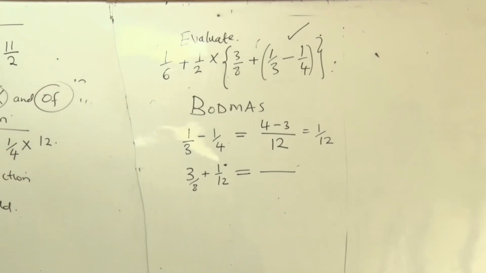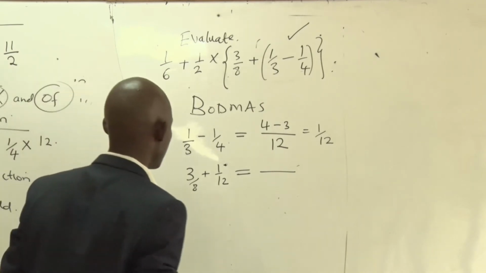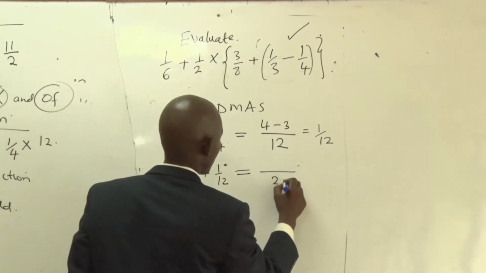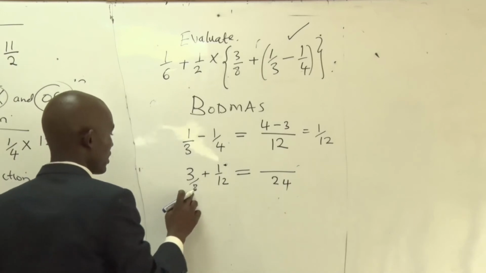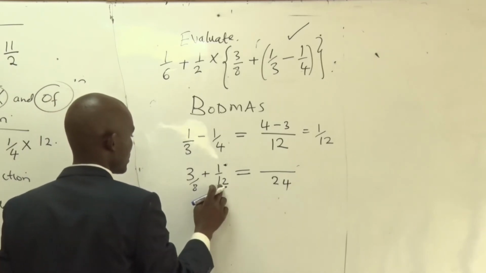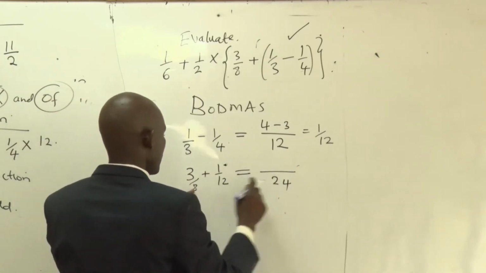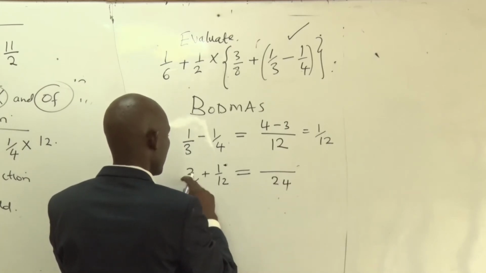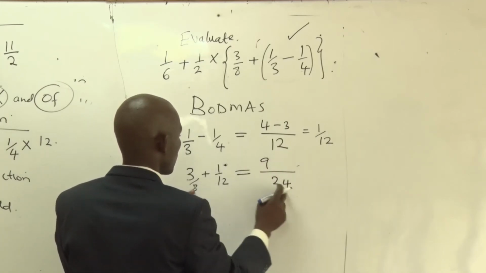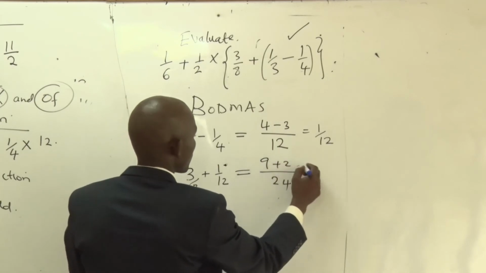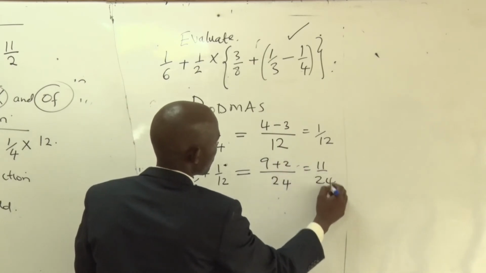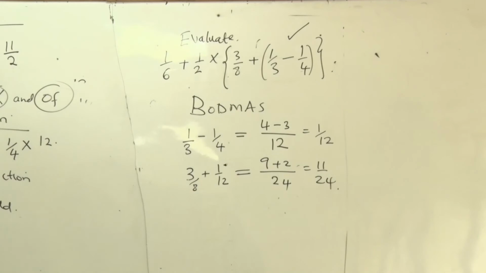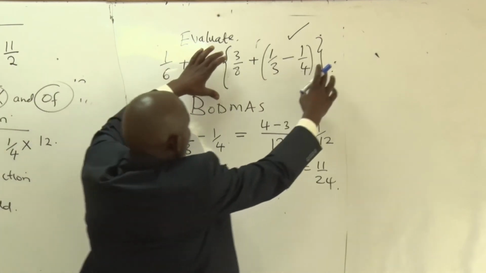The LCM of 8 and 12 is 24. 8 goes here 3 times, so 3 times 3 is 9. 12 goes there 2 times, so plus 2. This becomes 11 over 24. So 11 over 24 is the combined part. We have solved this bracket.